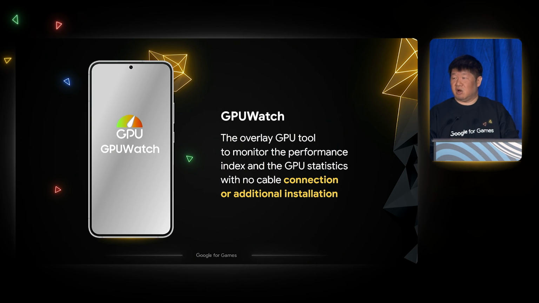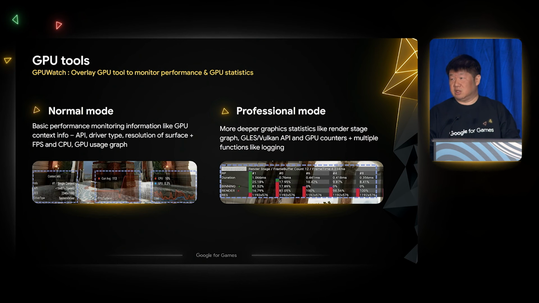You can easily turn on GPU Watch in the developer options on any Galaxy device, and in normal mode you can see performance monitoring indices. You can see the graph, CPU and GPU usage, frames per second, and context information like the surface resolution, the driver type, and the type of API, like Vulkan and GLES.